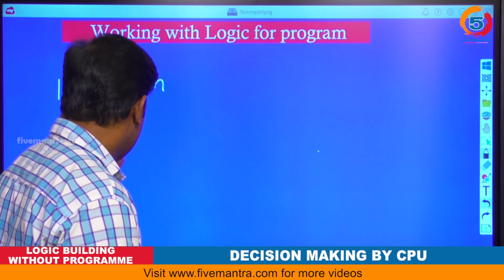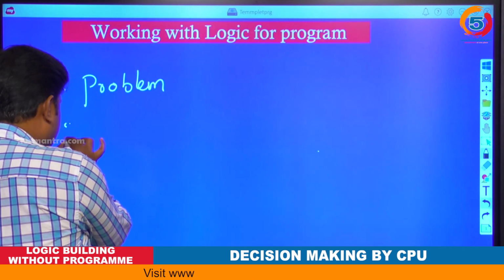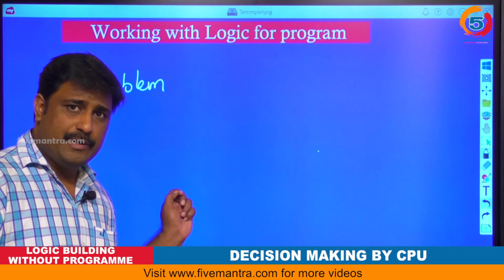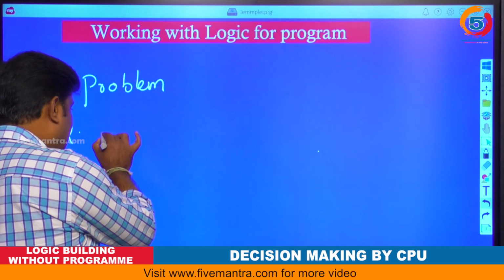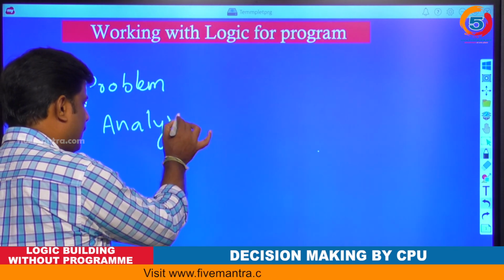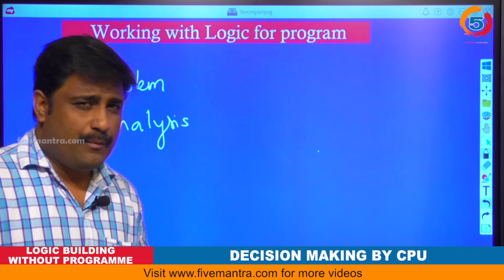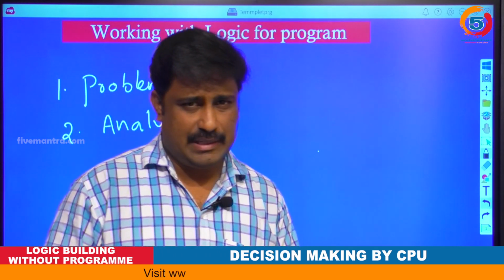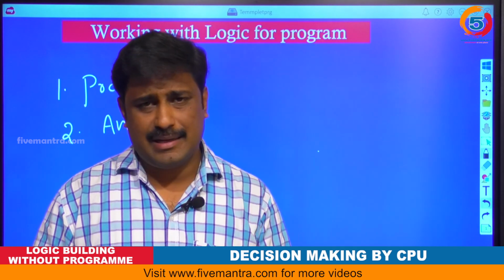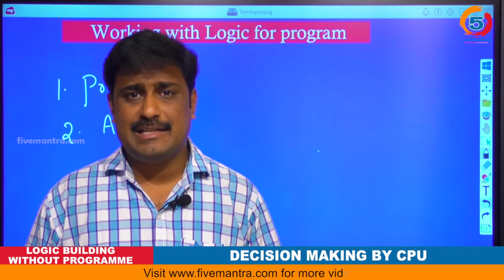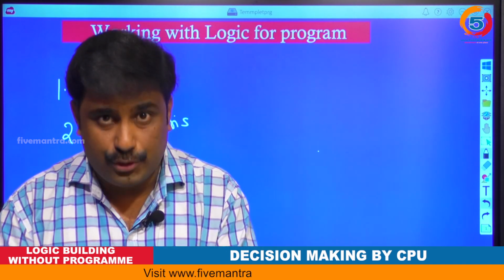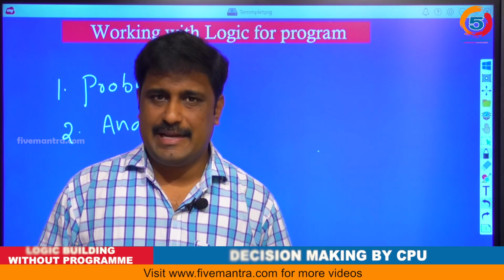The second point is analysis. What do I have to do, whether addition or subtraction, or whether I have to get data and what to do after getting data from the user. These things we have to analyze. Exactly what you want to do, you have to know before writing the program.